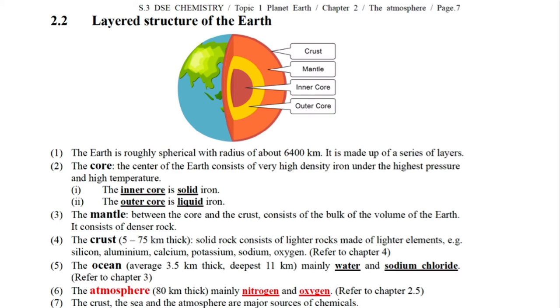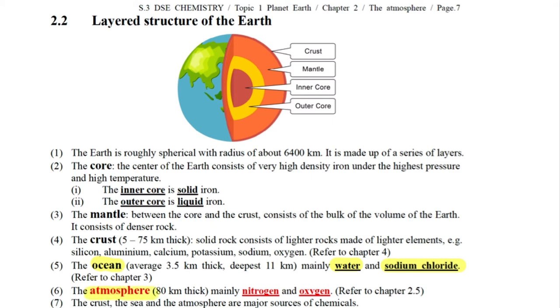So the mantle is composed of many rocks, and the crust is also solid rock. And then we have the ocean. We will talk about the ocean in chapter 3 later. And the ocean consists of mainly water and sodium chloride. And then for the atmosphere, here we will talk about this today.